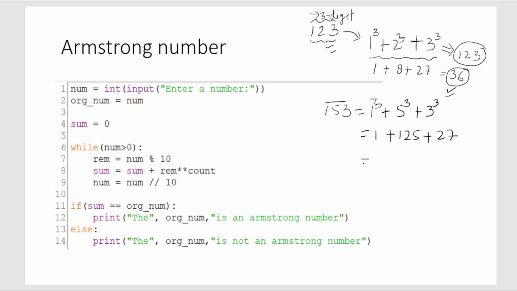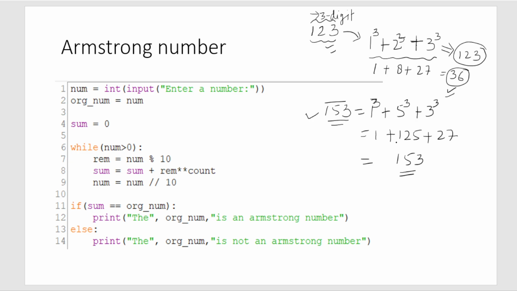When you sum them up, it will be 153. So what we saw is that when we cube the individual digits, we got the number itself. So in this case 153 is an Armstrong number.